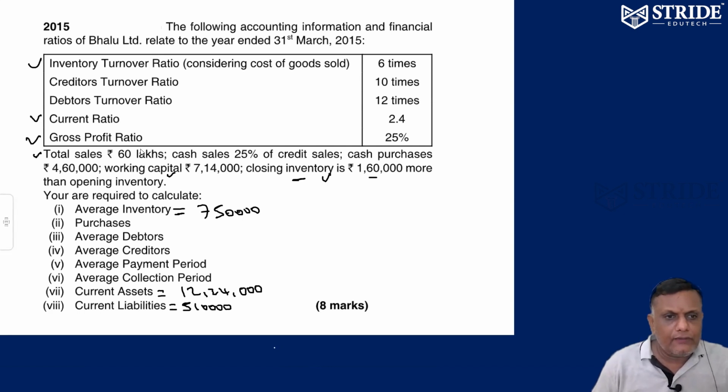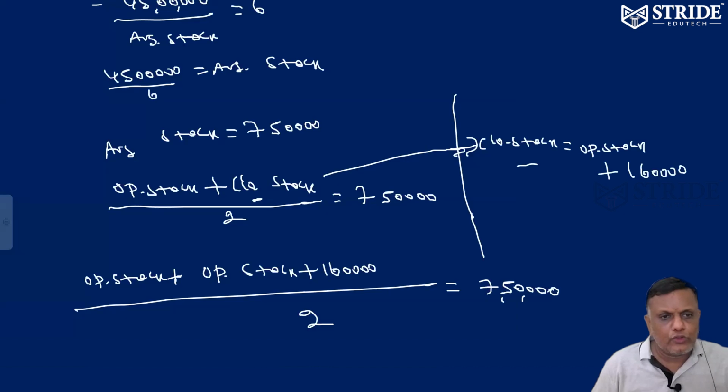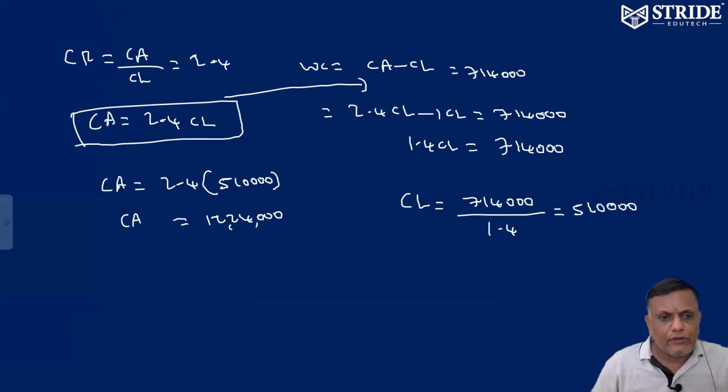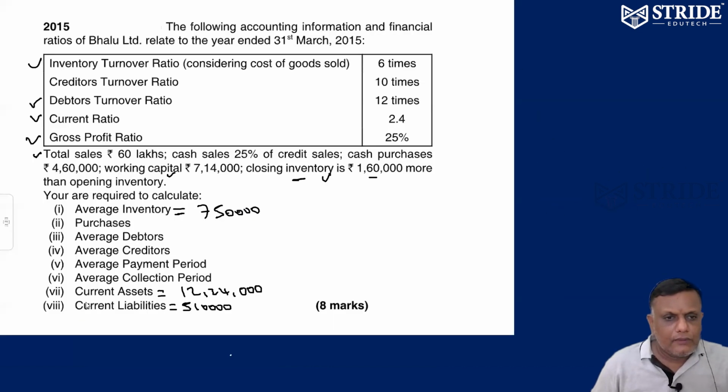Next, my target is the debtors turnover ratio. Credit sales are also unknown so far, since only total sales are given. So first I segregate cash sales and credit sales, then we'll go with the debtors turnover ratio.